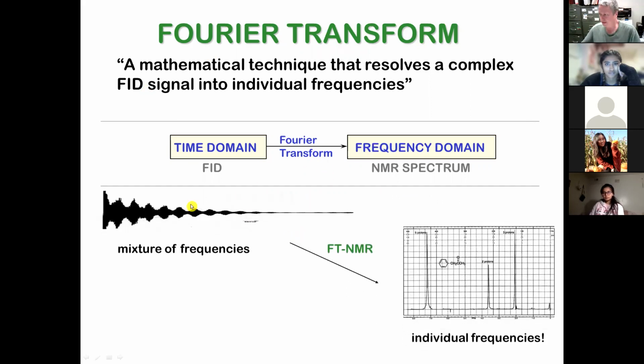So essentially you take your mixture of frequencies, you do the Fourier transform, and now we got our beautiful little spectrum, which shows the 3 different types of protons. This insanely complicated thing is really a button on the computer. You're like, all right, boink, and it does it for you. It's a very complicated mathematical thing, but that's what Fourier transform does. It converts time domain into frequency domain.